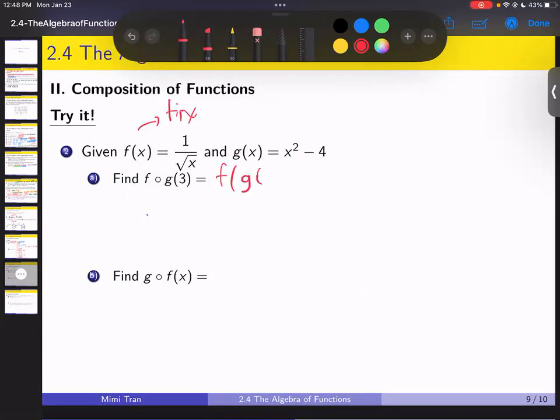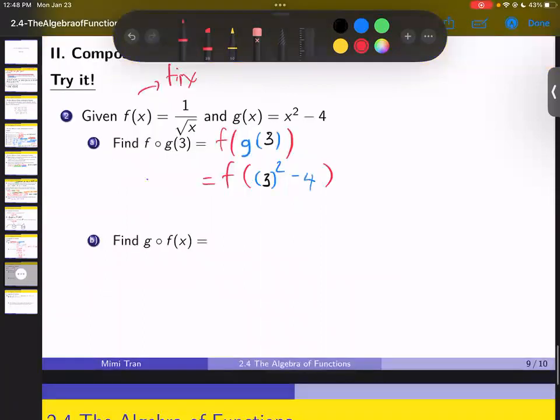F of g of 3. All right, g of 3, g is something squared minus 4, and that something now will be 3. 9 minus 4 is 5, so that'll be f of 5.